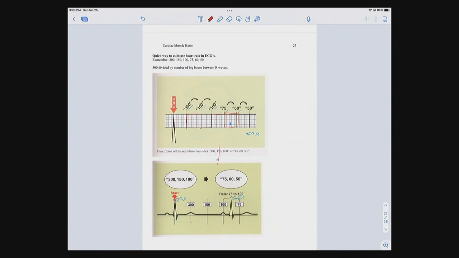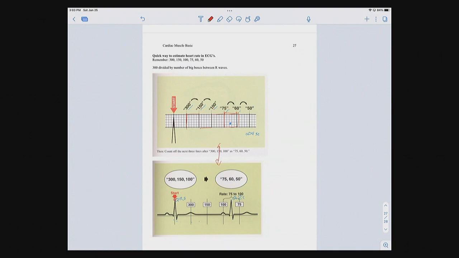So again, this lines up with this. Remember, the numbers need to be assigned to the boxes. The first big box is 300, the second big box is 150, the third big box is 100, the fourth big box is going to be 75, and so forth.